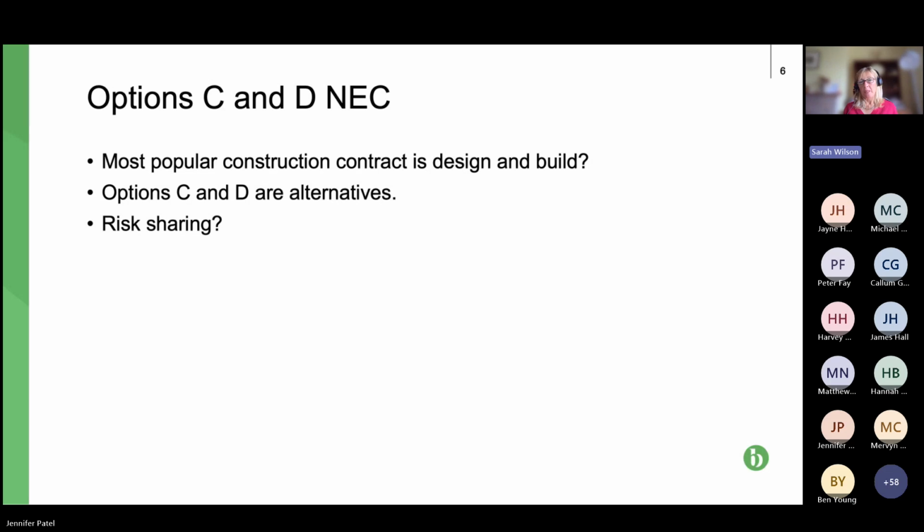What it's supposed to be is that ordinarily you would have a design and build on a fixed price, so an option A contract. And up until recently, the option A fixed price was the most popular NEC contract. Recently, we're seeing far more, certainly option C's, not so much option D, but they are now being used.